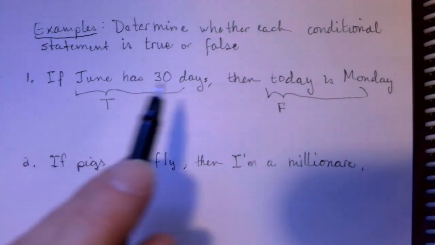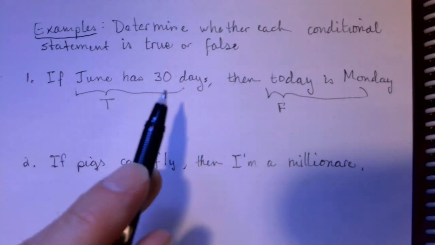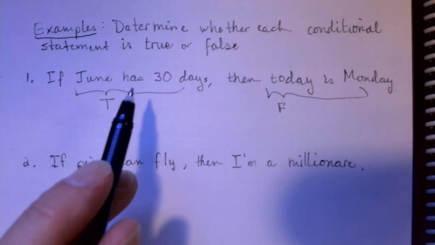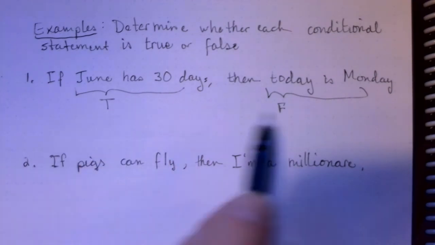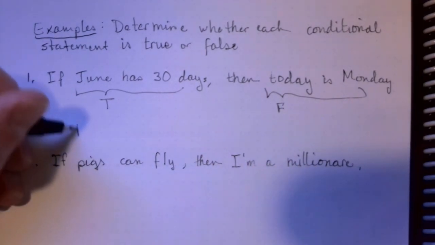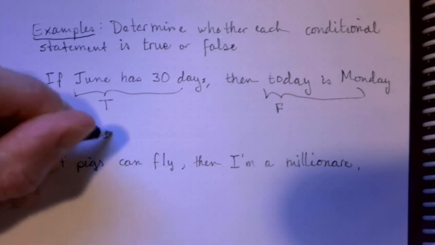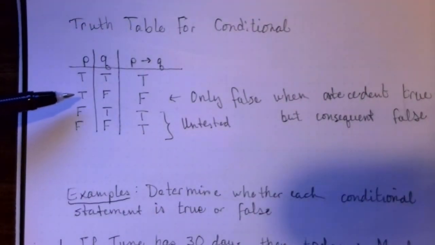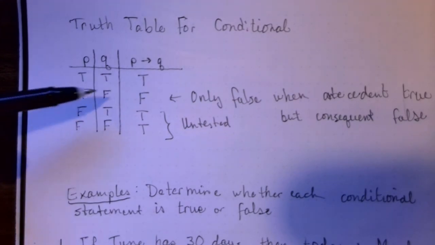June does have 30 days, if you remember the old rhyme, 30 days have September, April, June, and November. June has 30 days. Today is Monday. That's false. So the conditional statement is false. That puts us in this row of the truth table. Antecedent is true, consequent false, so the statement is false.